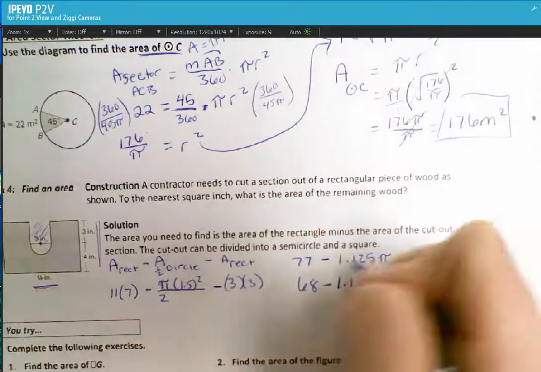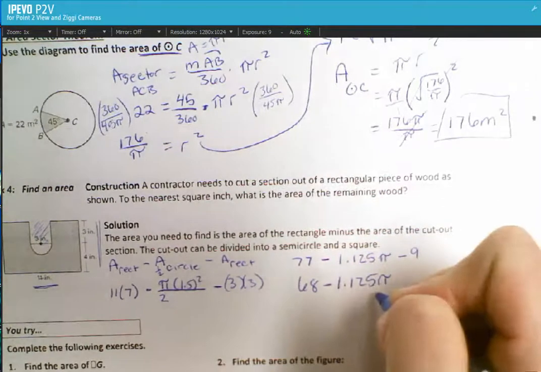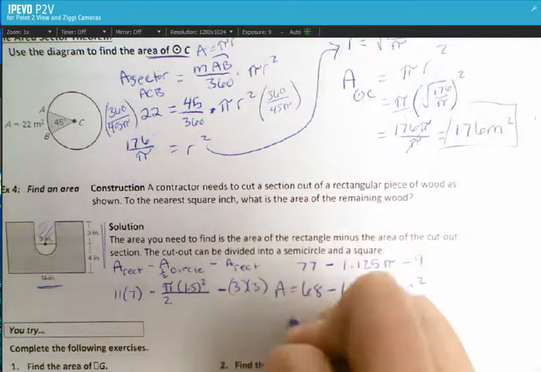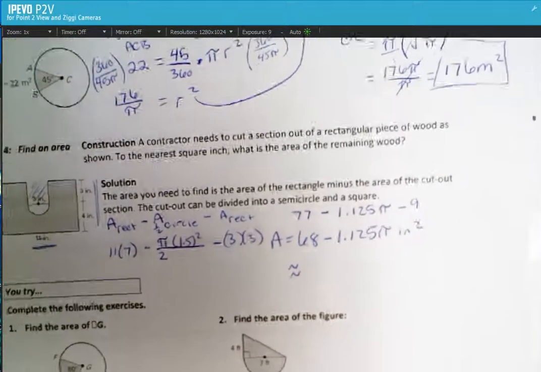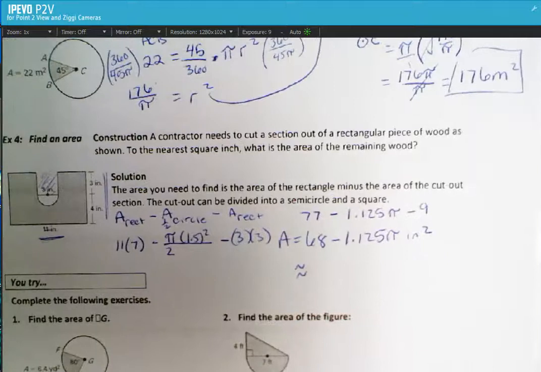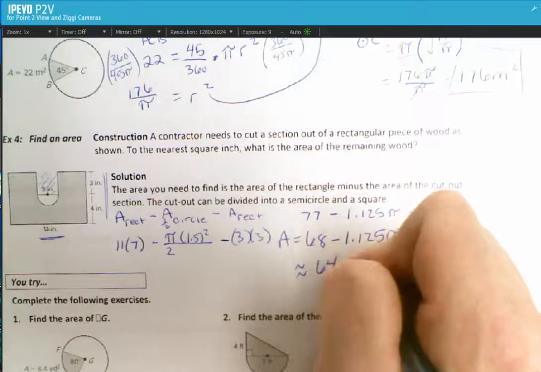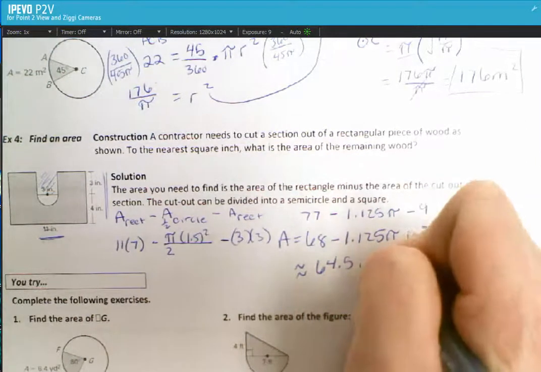That is an exact area, so we're looking at inches squared. But that doesn't mean anything, so we want to approximate it. 68 minus 1.125 pi, in my calculator, 68 minus 3.534 is approximately 64.5 inches squared.